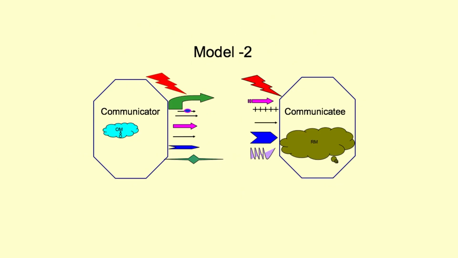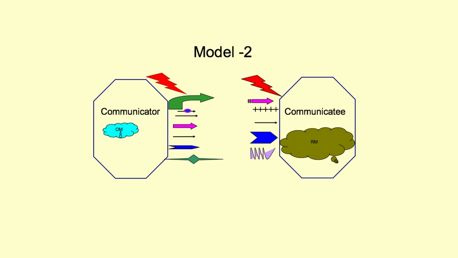How does the process start? It starts with the communicator, that is the sender, deliberately selecting and transmitting a variety of signs to the communicatee to convey his or her message.